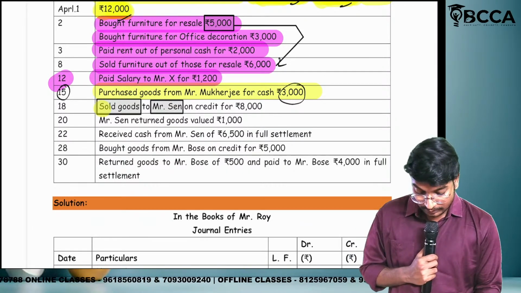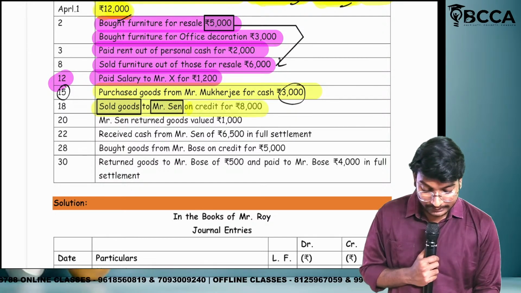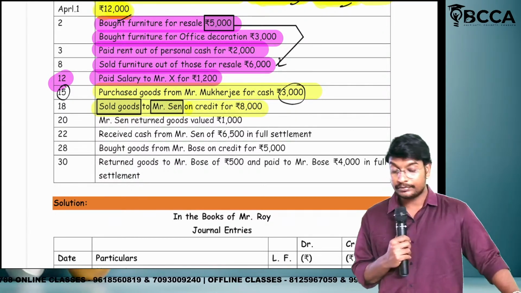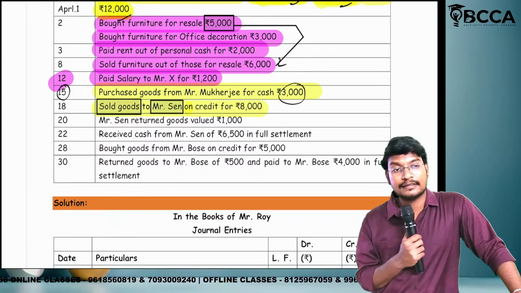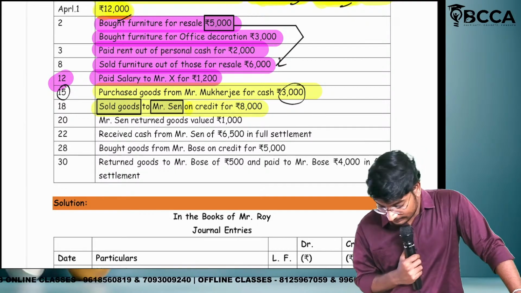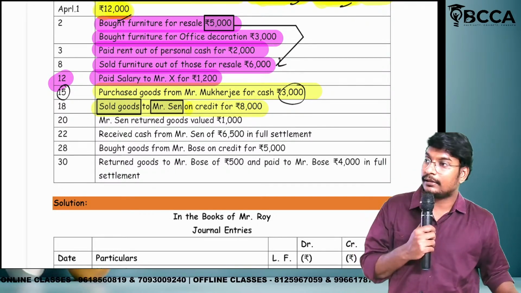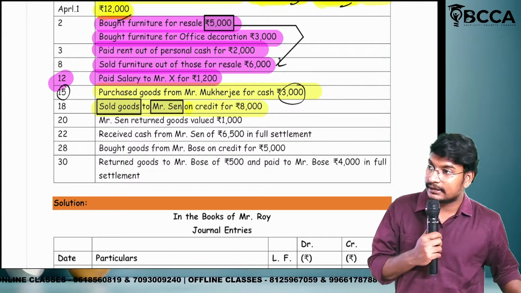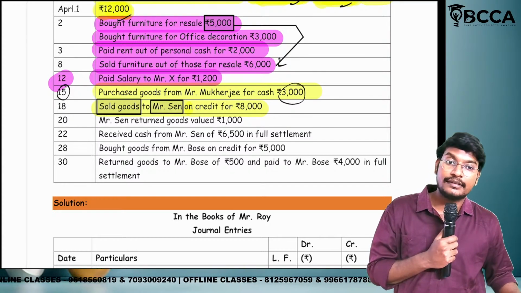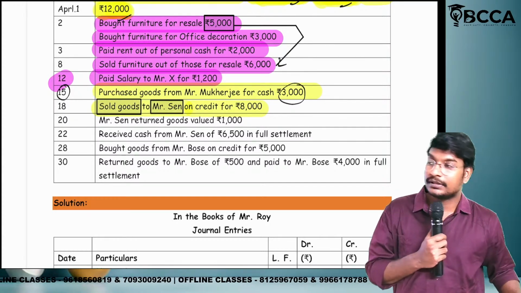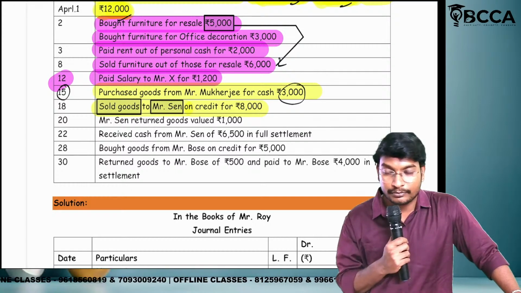Sold goods to Mr. Sen on credit. Okay na. So what are the two outcomes? Sales and Mr. Sen. Sales income credit balance increases credit. Here we are selling the goods on a credit basis, so that Sen will become a debtor. Sen will become what, ma? Debtor.